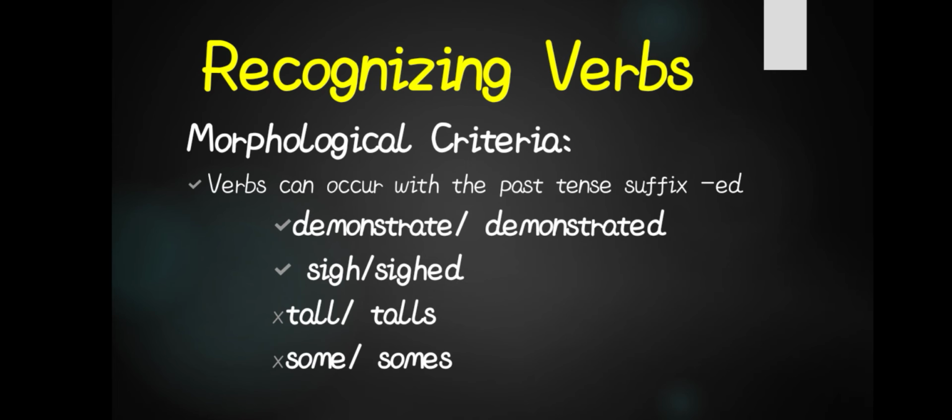Okay, so next, second one, we also have to know what a verb is. One basis is that verbs can be identified by morphological criteria.